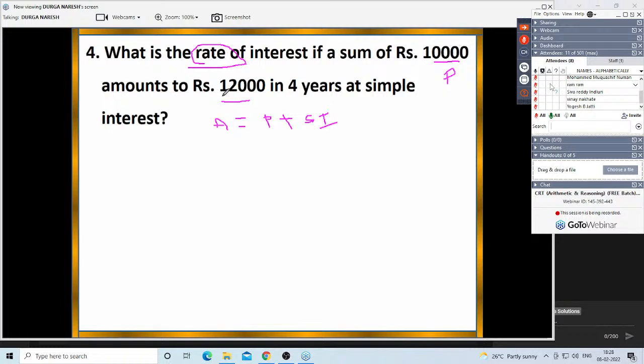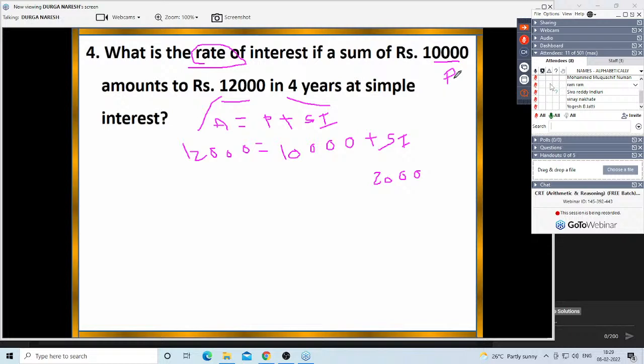That extra 2000 is called interest. So amount 12,000 is equal to P value 10,000 plus simple interest. So what is the simple interest finally? 12,000 minus 10,000, 2,000 is the simple interest. For that, the number of years is 4.